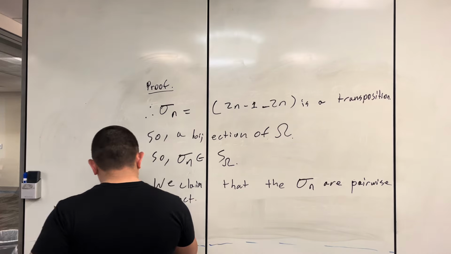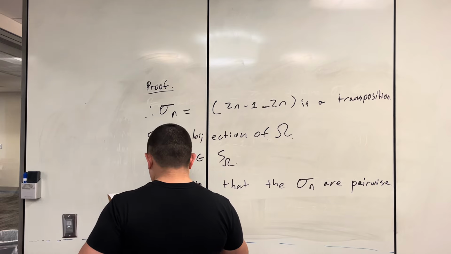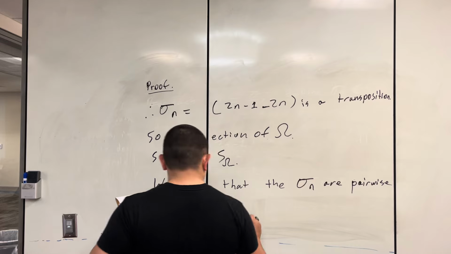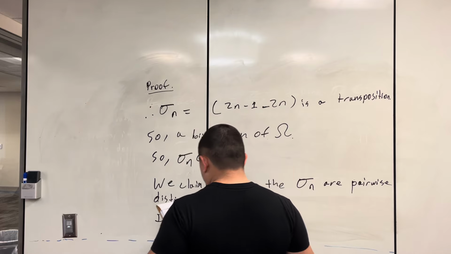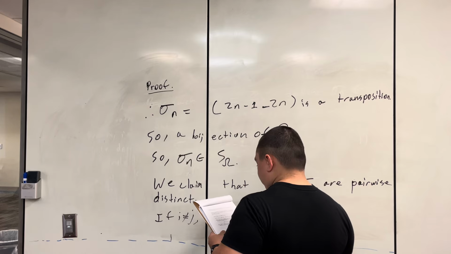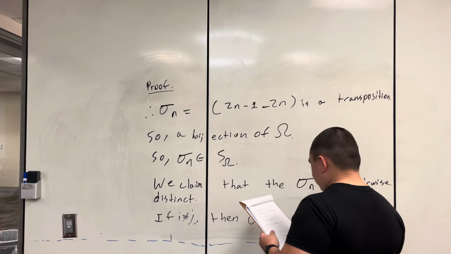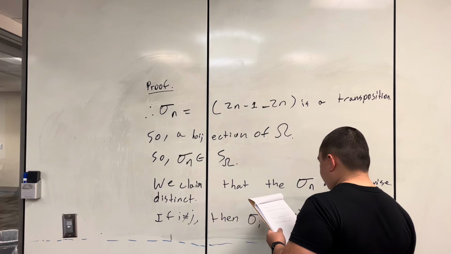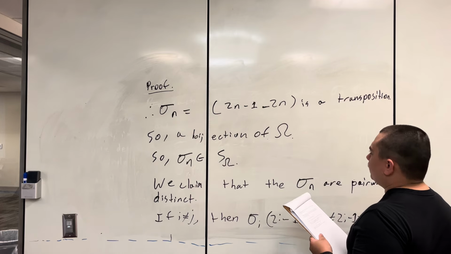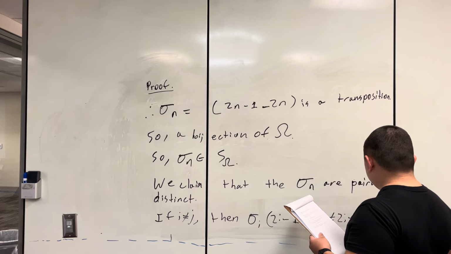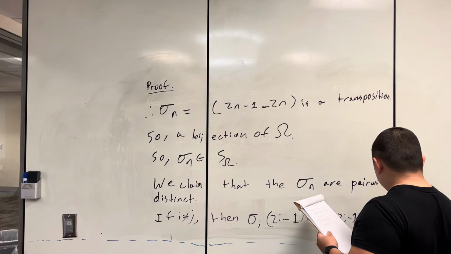If i does not equal j, then sigma sub i of 2i minus 1 is equal to 2i, which is not equal to 2i minus 1, which, as we saw earlier, should be equal to sigma sub j of 2i minus 1.